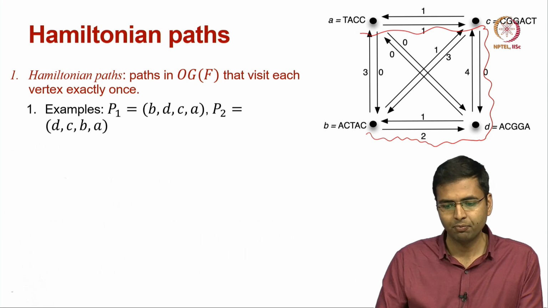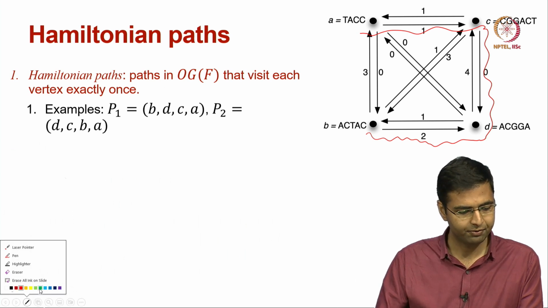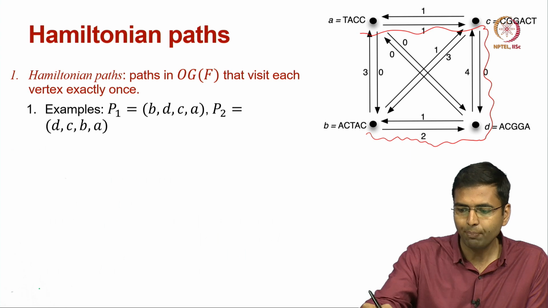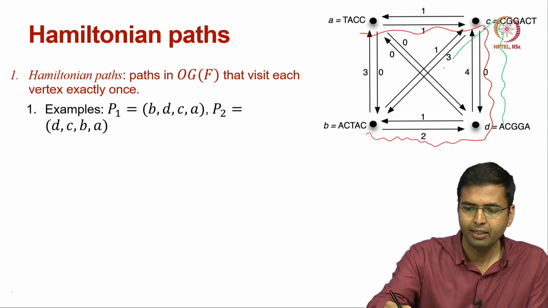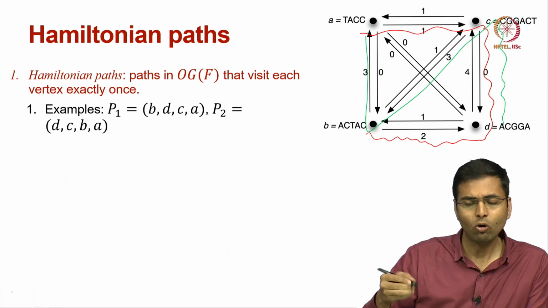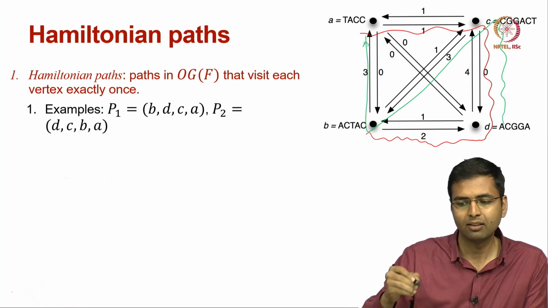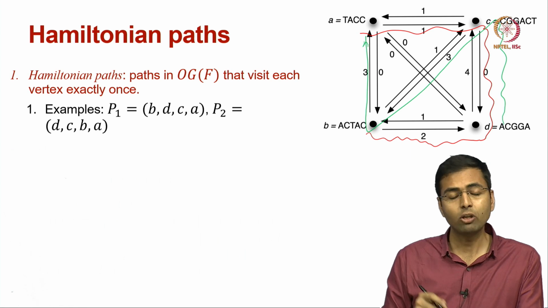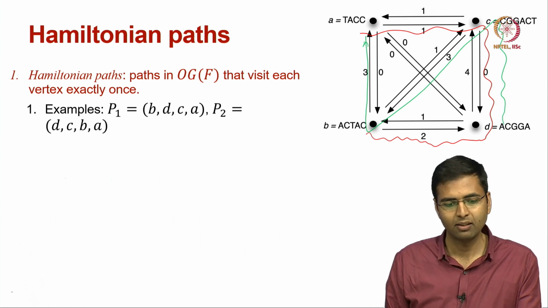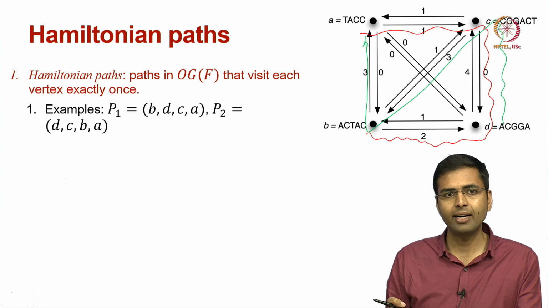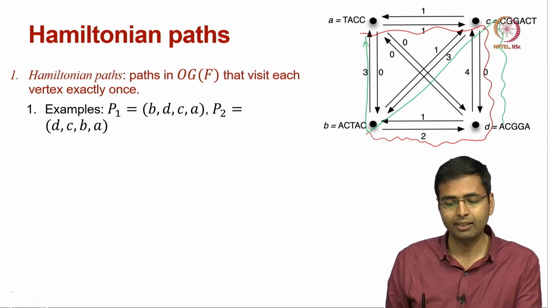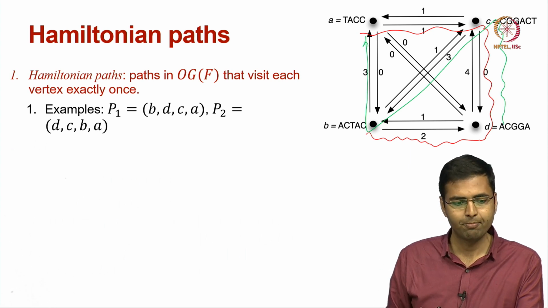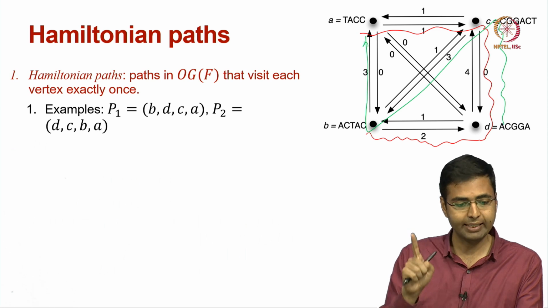So, similarly a path starting from D, C, B, A is also a Hamiltonian path because it visits each vertex exactly once, and you can easily see that there are exponentially many paths in this graph, right. So, we can have many Hamiltonian paths. So, these are the paths that visit each vertex exactly once.